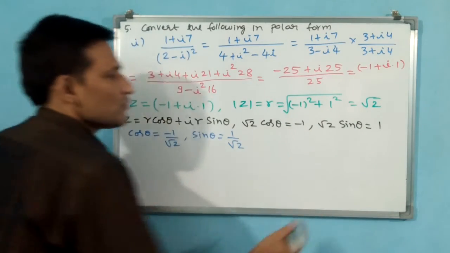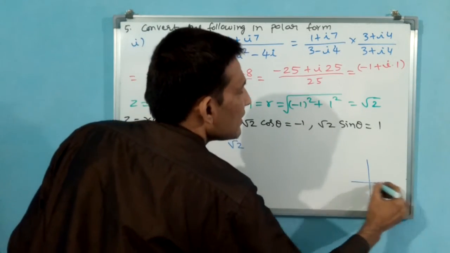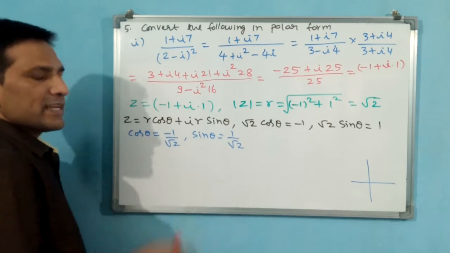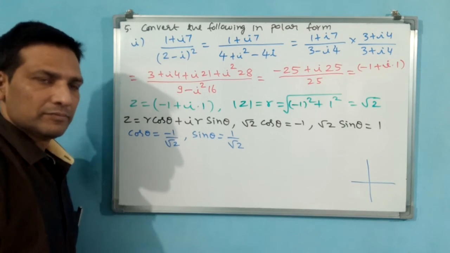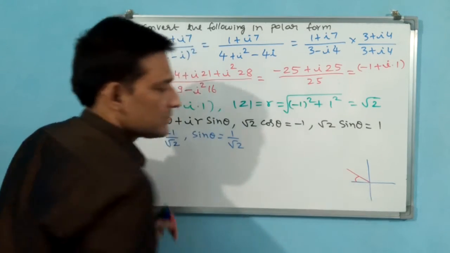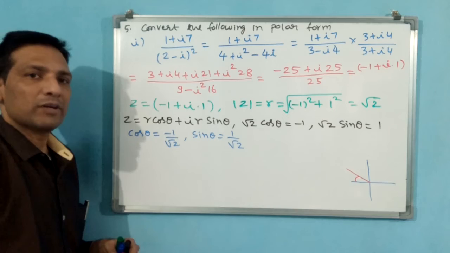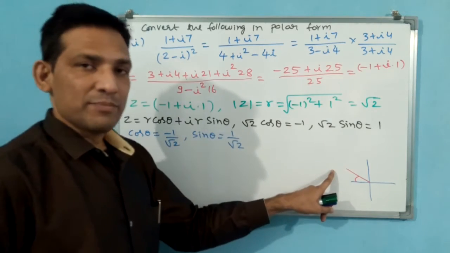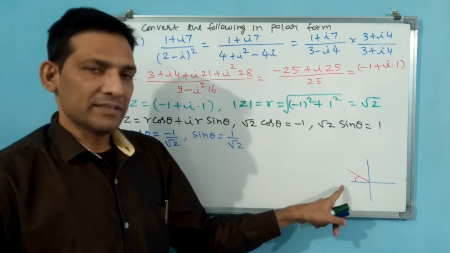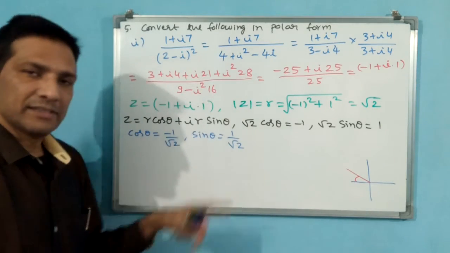Now you see here in the graph, cos is negative, sin is positive. Here you see sin is positive, cos is negative. Except this, nowhere is it going to become like this.